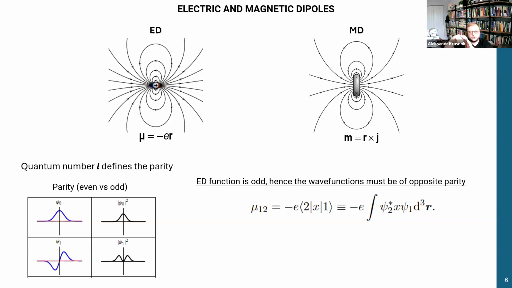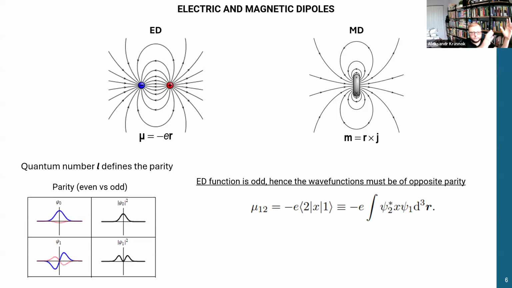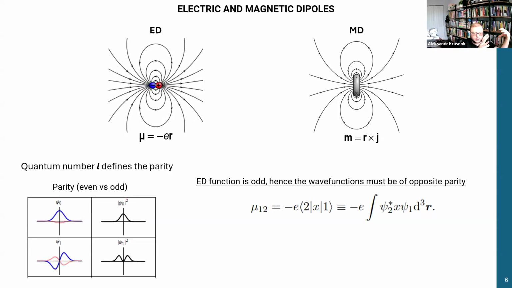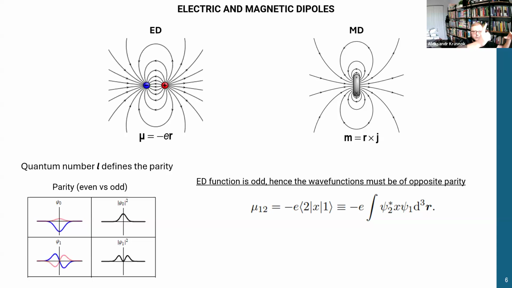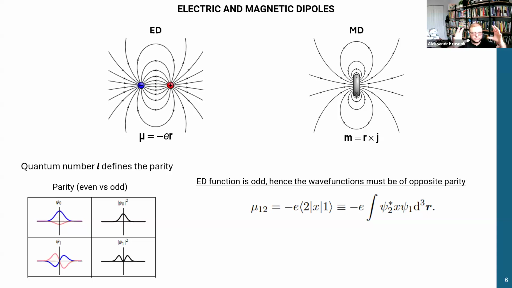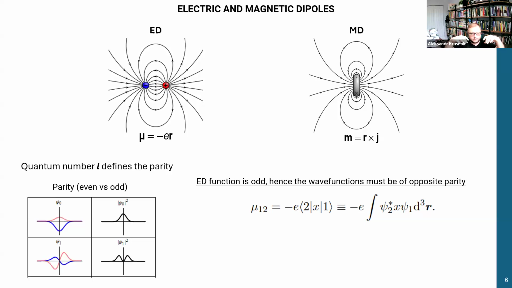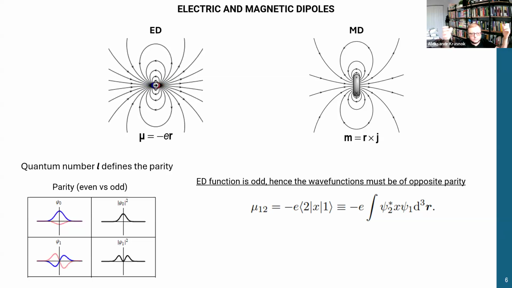So at one part you get a positive contribution, but when you go across the origin of the coordinate system, the even function stays the same, but the odd one flips the sign. So in the total integral, the integral vanishes. You get 0.